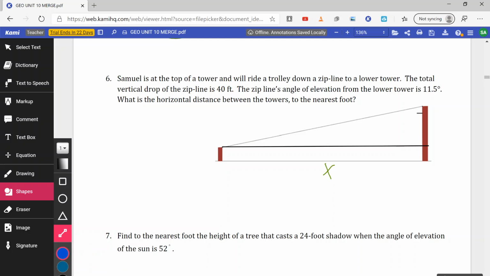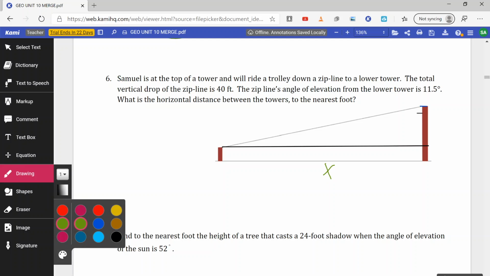We are also told the vertical drop from the top of the tower to the lower tower is 40 feet. So from here down to here is 40 feet. And then our angle that they told us is 11.5 degrees. So, not 11.5 squared, 11.5 degrees.